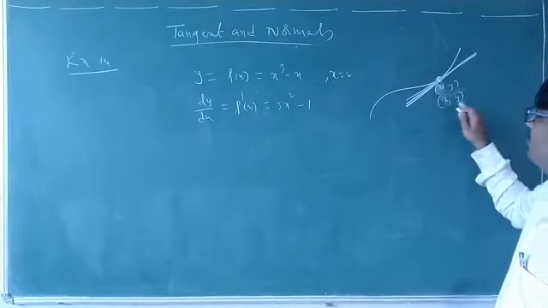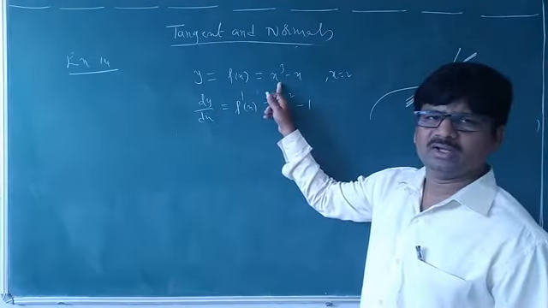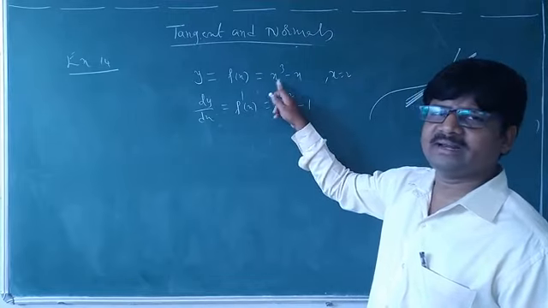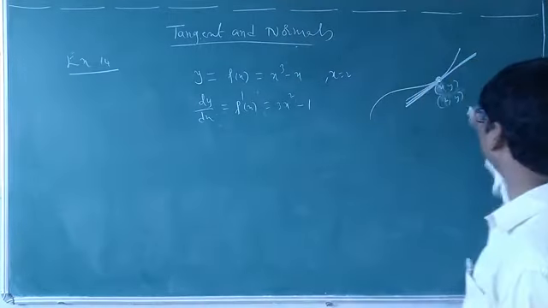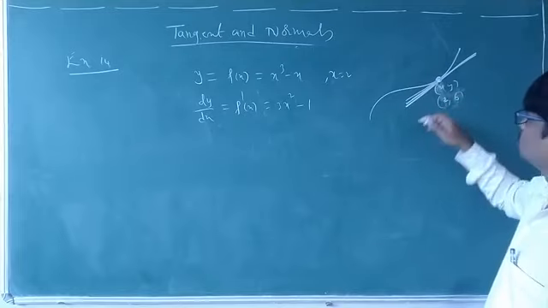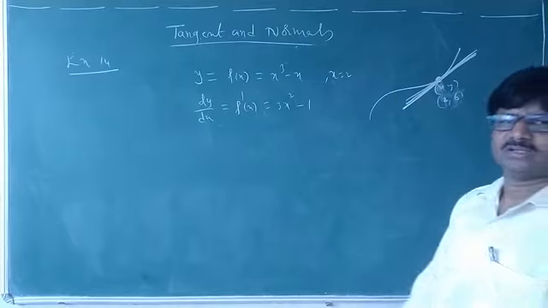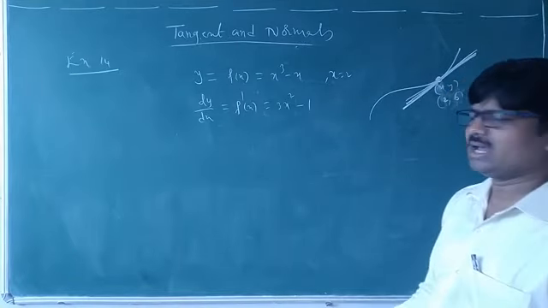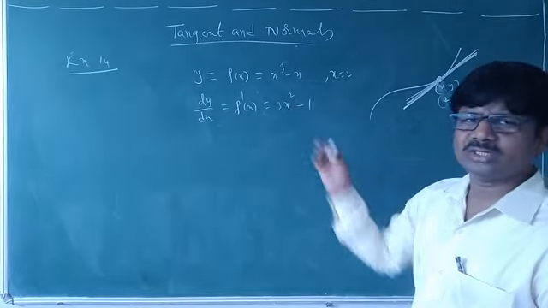If you substitute 2 here, 2 cube is 8, 8 minus 2 is 6, so the y value is 6. At this point, 2 comma 6, he is asking the slope of the tangent of the curve. But there is no need to substitute the y value here.